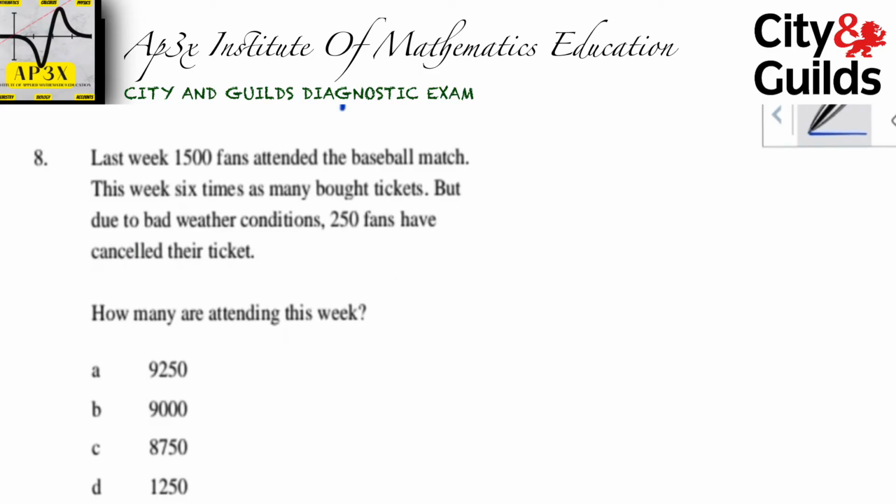So let's lay out some stuff here. So we know that last week there were 1,500 fans, but this week 6 times as many. So this week it was 6 times what was from last week, so that's 6 times 1,500.